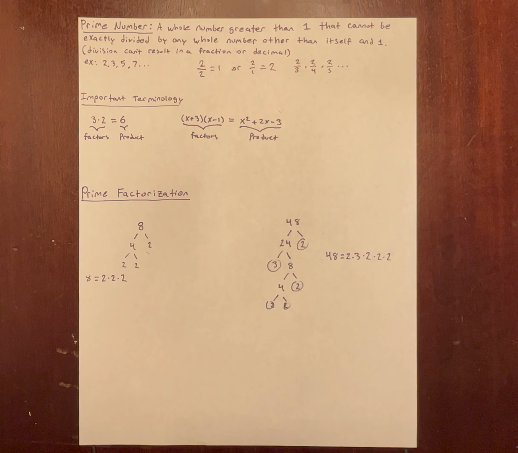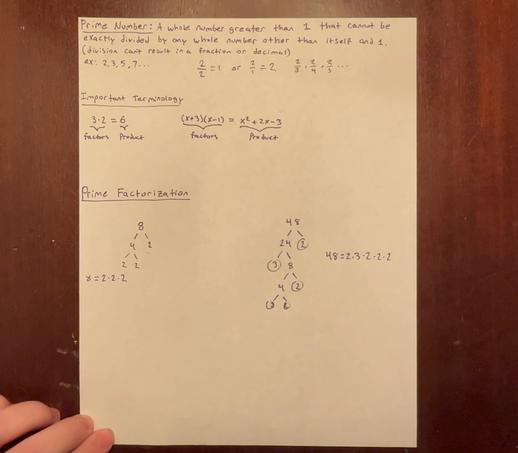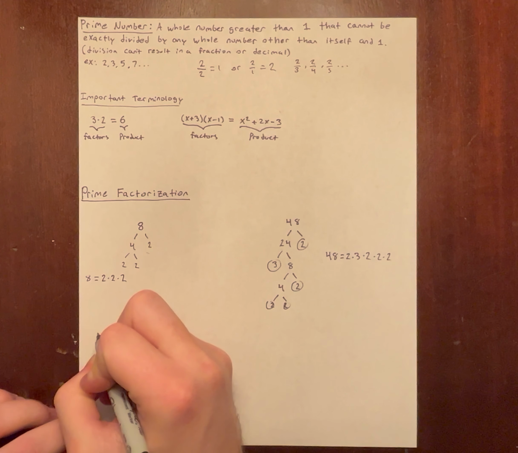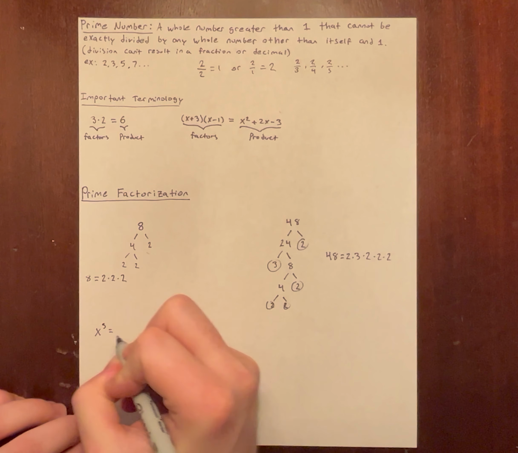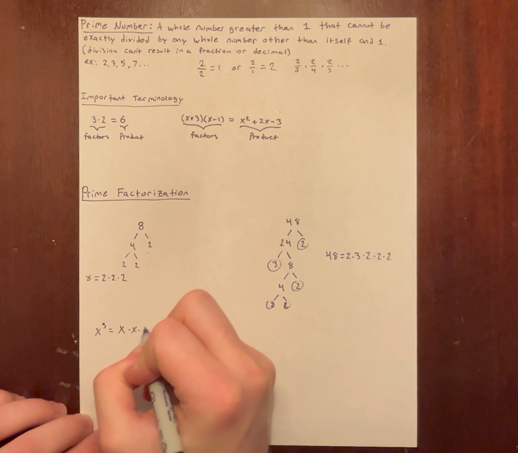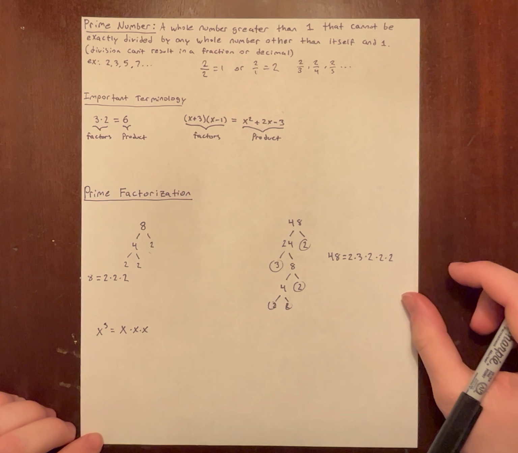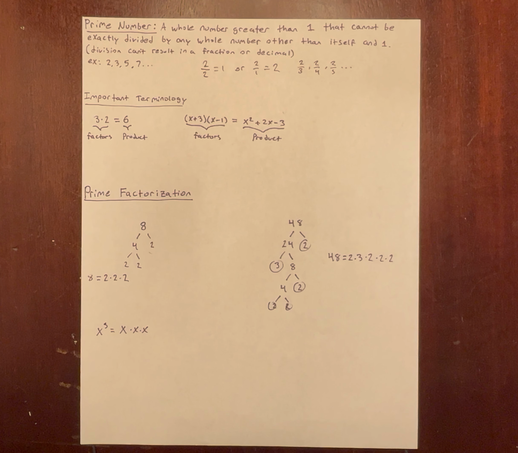And so you can also do these with variables. However, it doesn't really work in that sense. But to factor a variable, I just want to point out that x cubed, per se, would just be x times x times x. And this wouldn't necessarily count as prime factorization. It's just factoring. So maybe I should have clarified that.